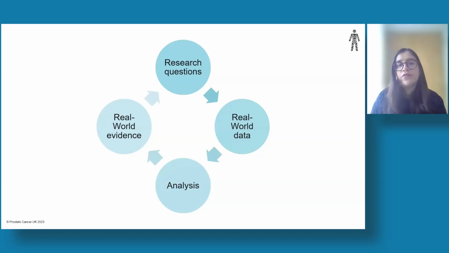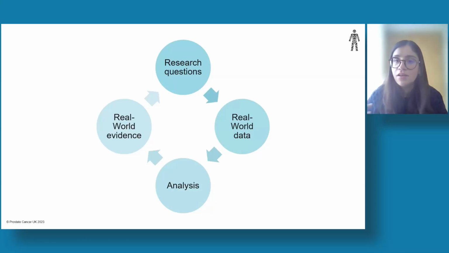So I mentioned before that real-world data and real-world evidence are not the same thing, but real-world data can lead to produce real-world evidence that then can give us answers. The first thing that we need to take into account when even thinking about using real-world data for prostate cancer research is your research question. You need to formulate a research question and then identify whether you can use real-world data to answer it.